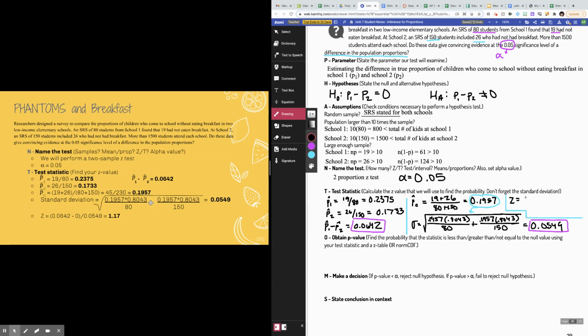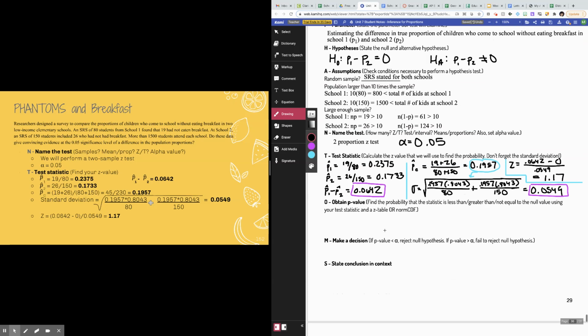So z equals 0.0642 minus 0, since your parameter is 0, divided by 0.0549. That's the other thing that's boxed in purple right here. And then that number is 1.17. So that is my test statistic. That's what I'm going to use to obtain my p-value.